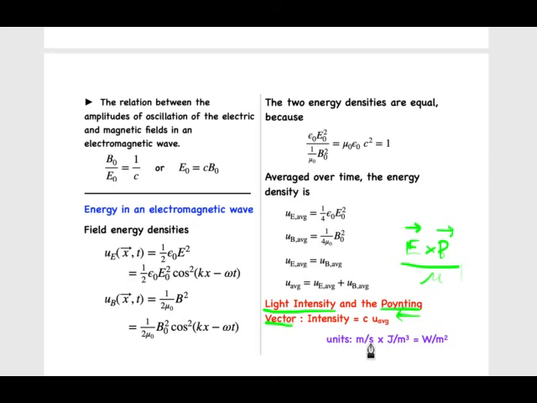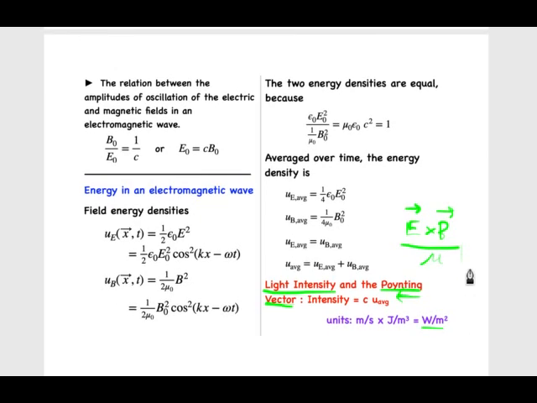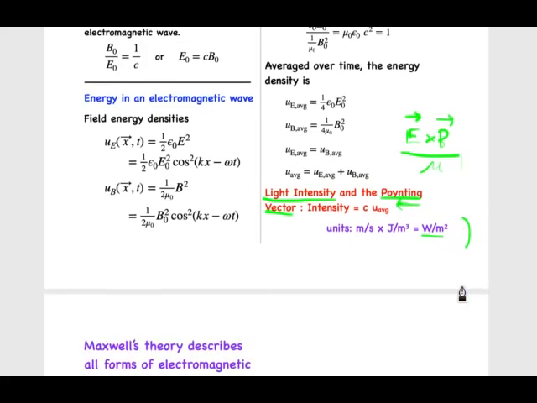So 1 power of meter cancels. Joules per second is watts, so it's watts per meter squared. So that's the measure of light intensity, power per unit area. And again, there'll be some homework problems where you have to know that. So you'll have to dig that out of the book to solve them.